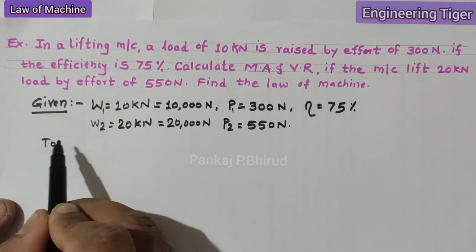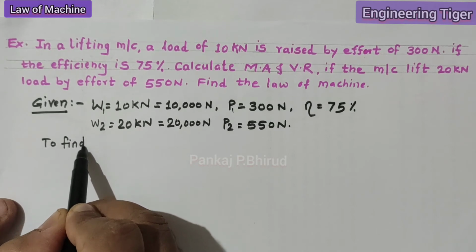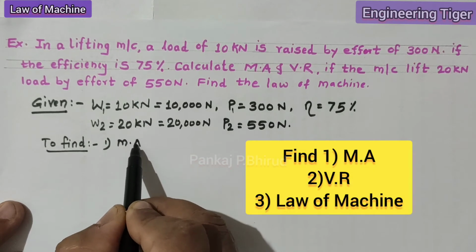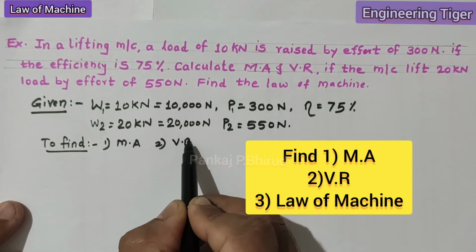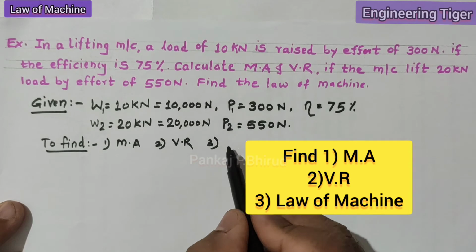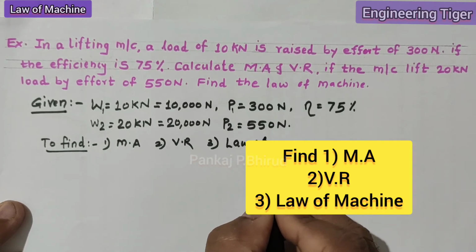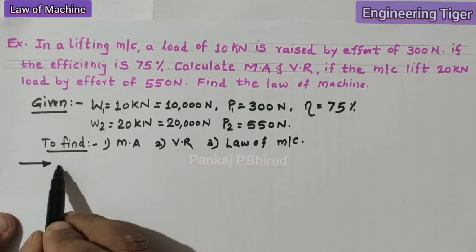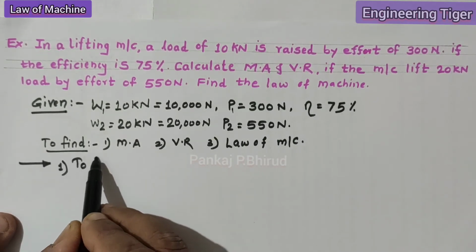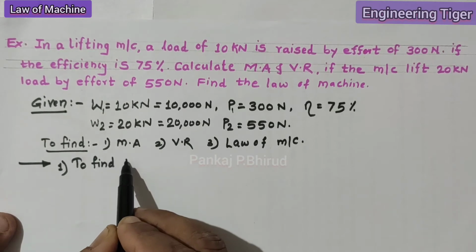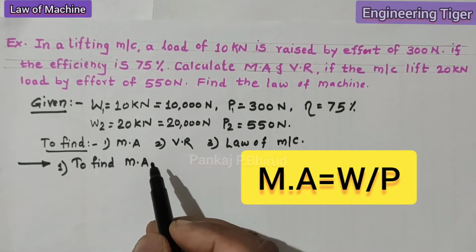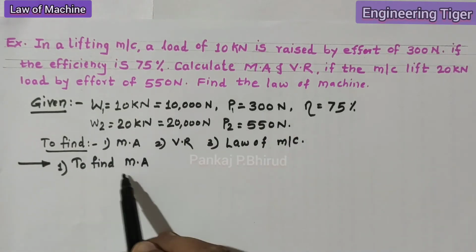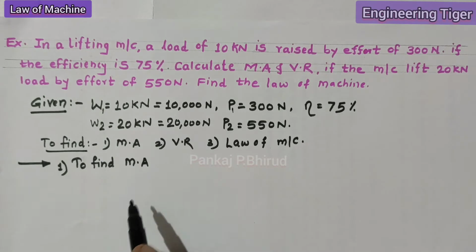So in the first case we have to find out MA, second one is VR, and third one is we have to find out the law of machine. So let us start for solution. So first, to find MA we required W and P, because it is a ratio of W and P. So for calculating this MA we required first case.